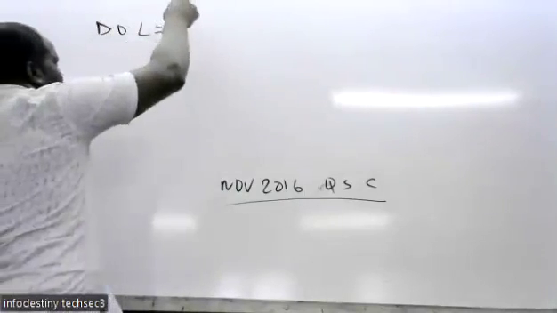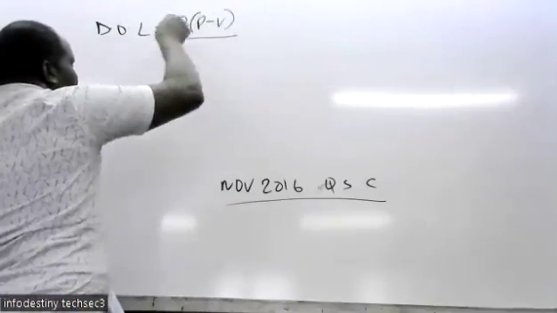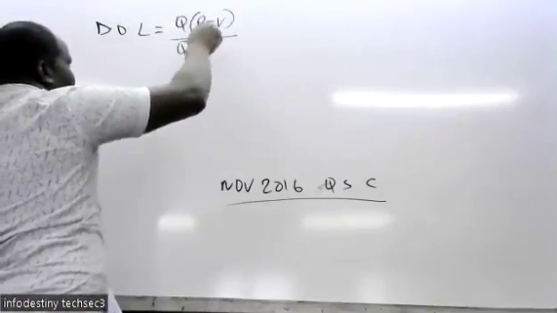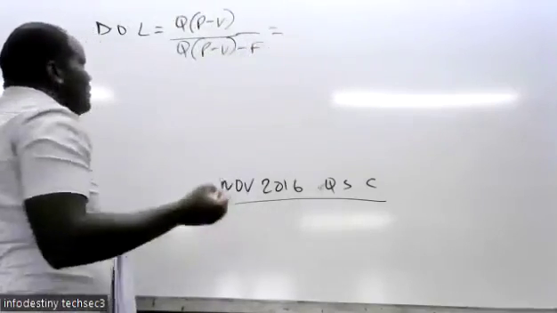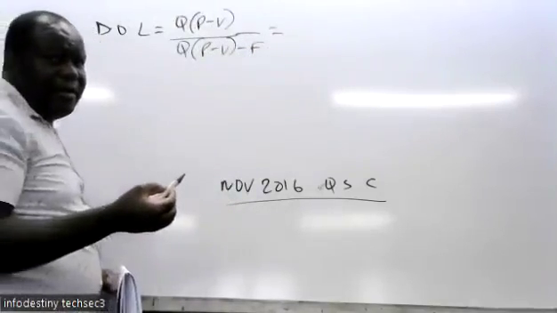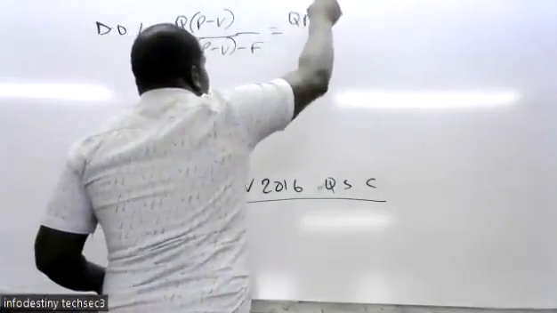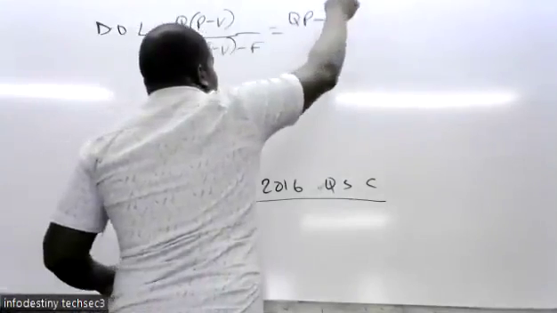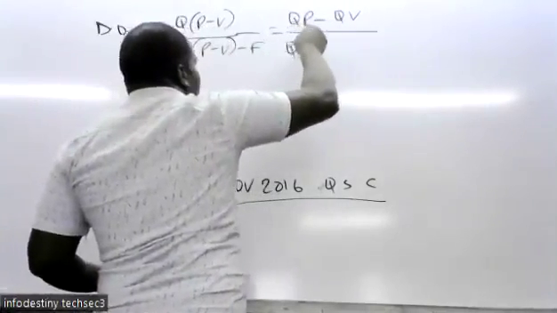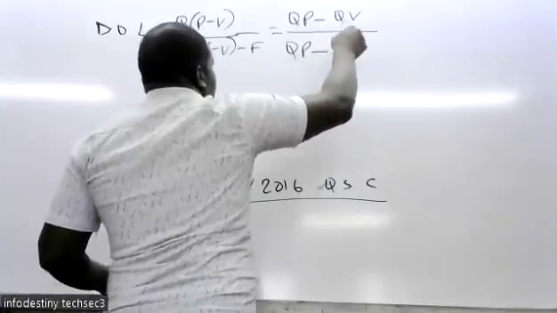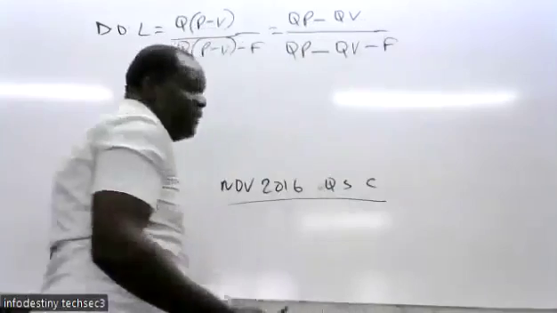Remember it was Q(P minus B) divided by Q(P minus B) minus F. So when you open the brackets, this is the same as QP minus QB, divided by QP minus QB minus F, like that.